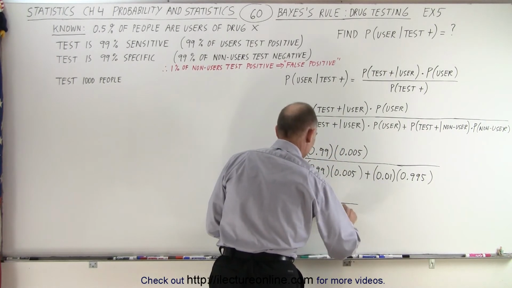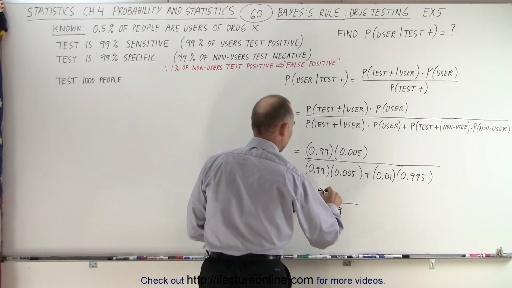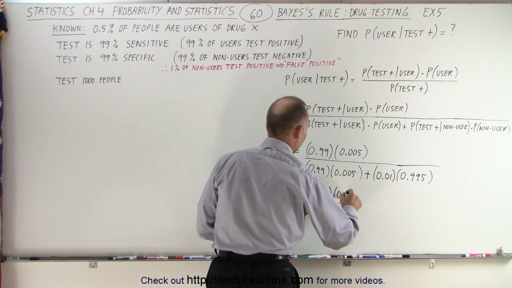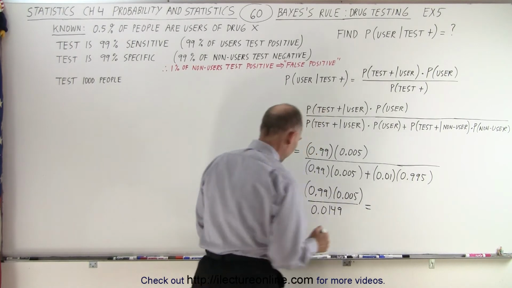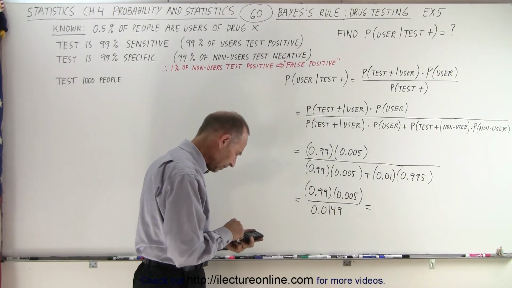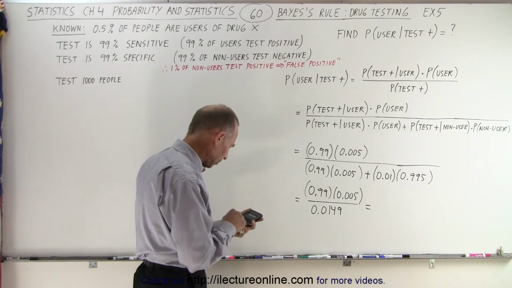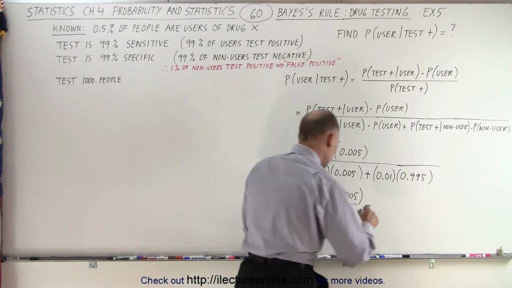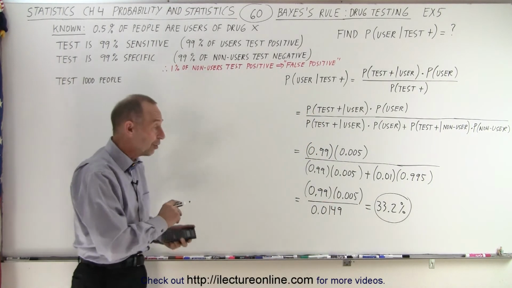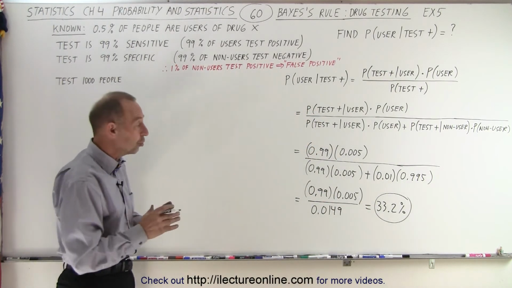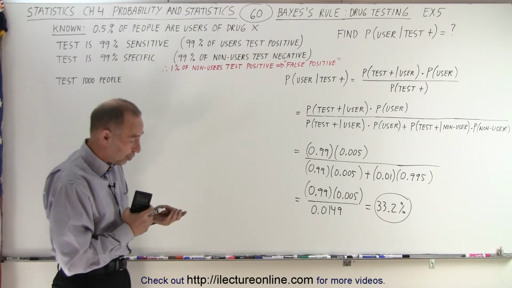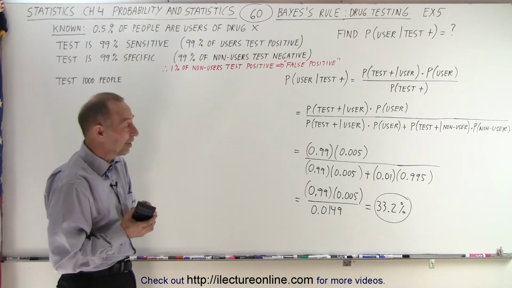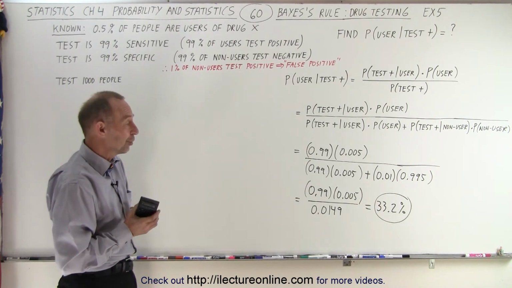Then we take 0.99 multiplied times 0.005, divide that by the denominator, and we get 33.2%. So that means that if you test positive, there's about a 1/3 chance that you're actually a user and a 2/3 chance that you're not a user. So of all the people testing positive, 2/3 are non-users and 1/3 are users.